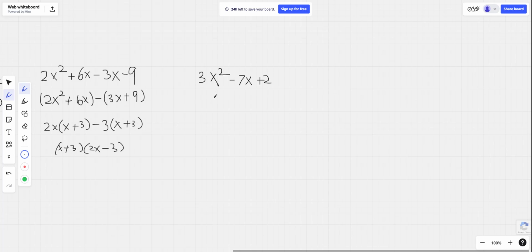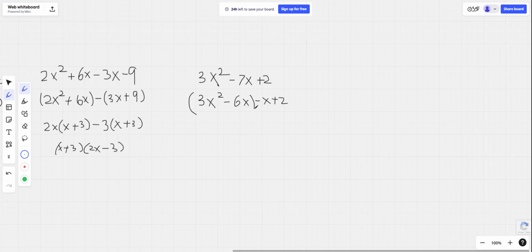But now, on like a test, you might get it broken up nicely like this: 3x squared minus 6x minus x plus 2. Okay, and let's practice because we'll see a bunch of the same mistakes that we did before. So this is a great final example to end on.